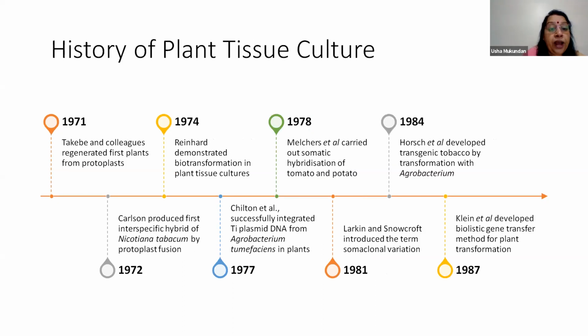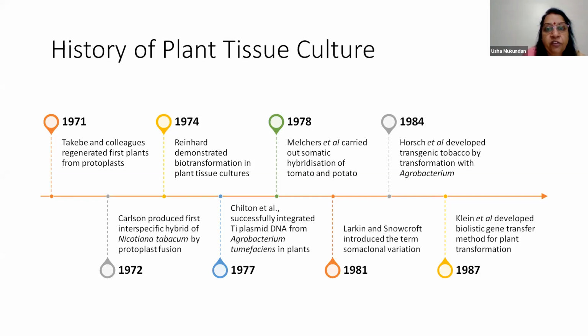Now these are protoplasts; as I told you earlier, Cocking was the one who isolated protoplasts. Power and his colleagues fused protoplasts. And then regeneration of plants from protoplasts was done by Takebe and colleagues. In hybridization techniques, you can have intraspecific crosses, because they are compatible.